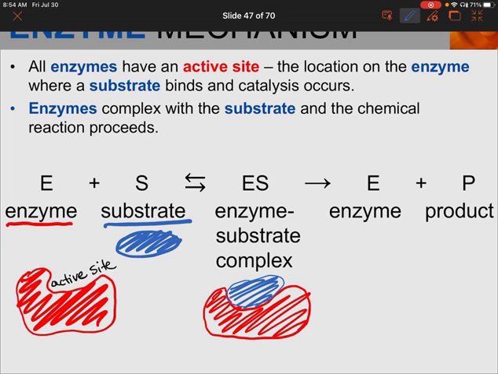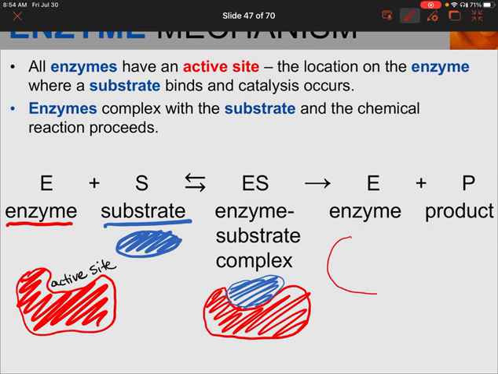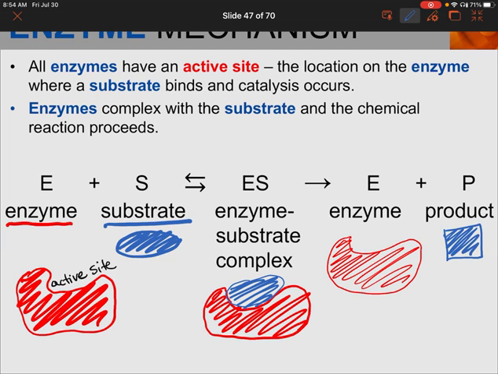Then the enzyme does its work. It does whatever it needs to do to help with the reaction. And then the two are going to split apart. Then we end up with our enzyme again by itself, so it could be reused in another reaction. And then we'll have our product. Maybe the enzyme turns our substrate into a different product here.